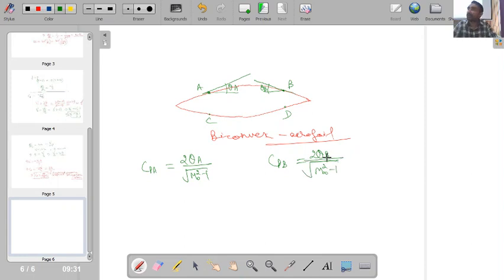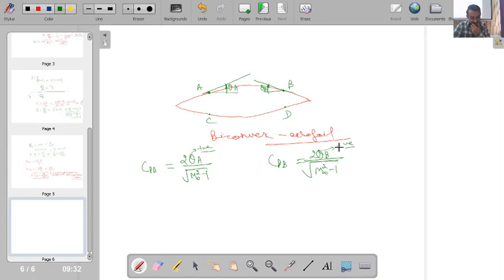If you see, this theta A is measured from the direction of the free stream, coming in the anti-clockwise direction, which is a positive direction. So theta A will have a positive value. On the other hand, theta B is coming in the clockwise direction from the direction of the free stream, so theta B will have a negative value.